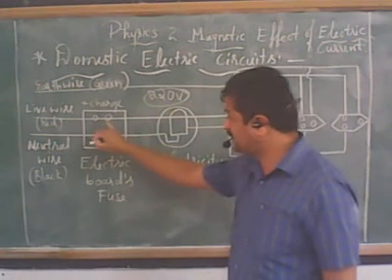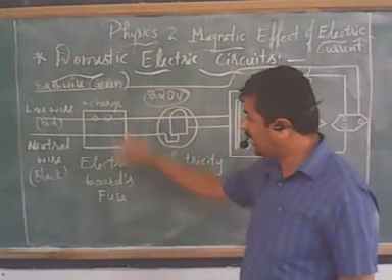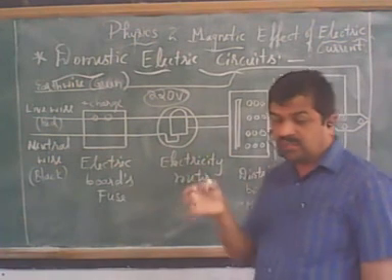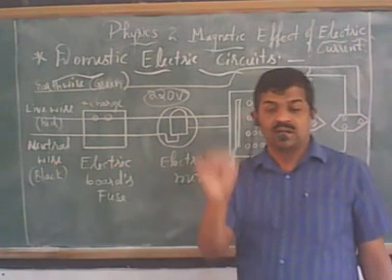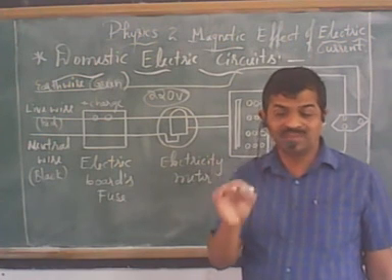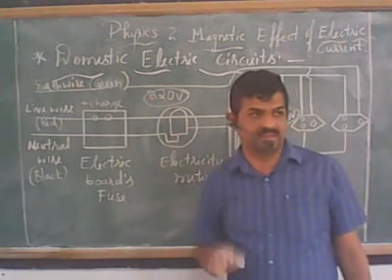Live wire first enters the electric board fuse, then it enters the electric meter. The electric meter is the electrical device which measures how much electricity is consumed by the customer.